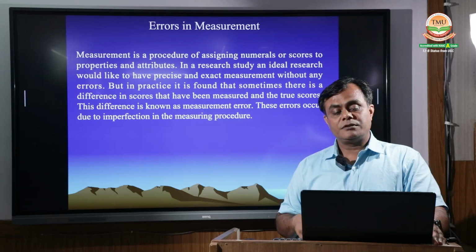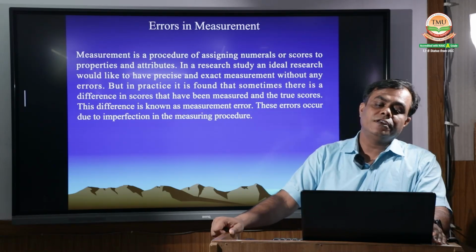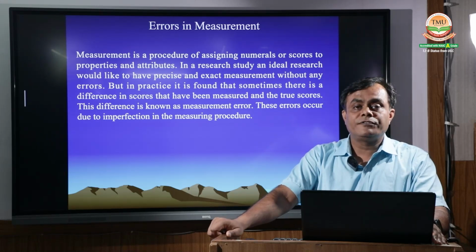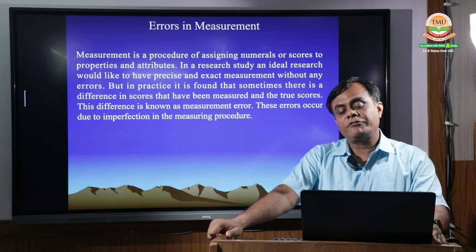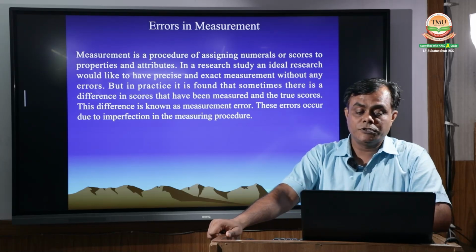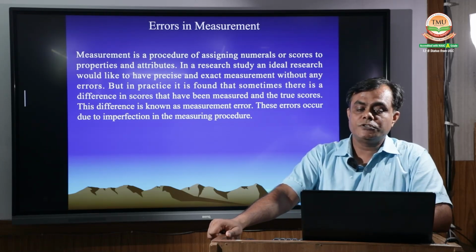Errors of measurement. Next is the part where, when we are measuring or using the different scales, different scales have different errors of measurement. So that type of errors of measurement we are going to study in this slide. Measurement is the procedure of assigning numerical scores to properties or attributes.